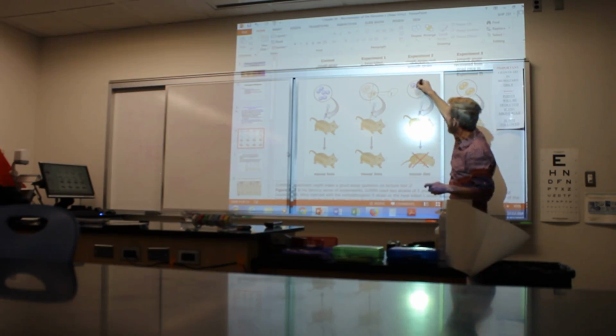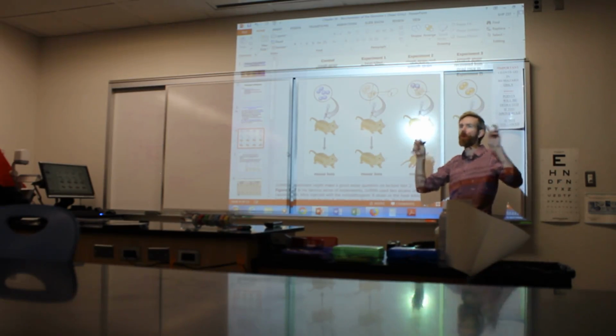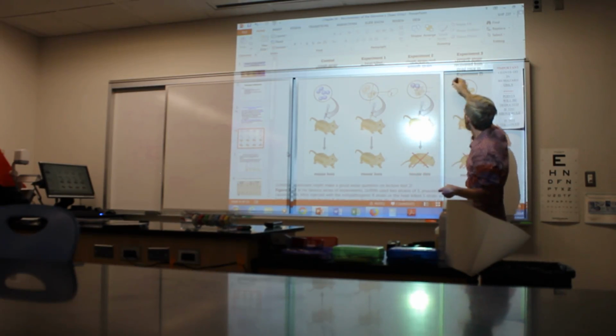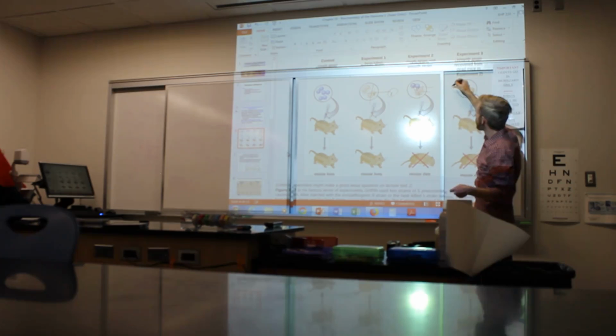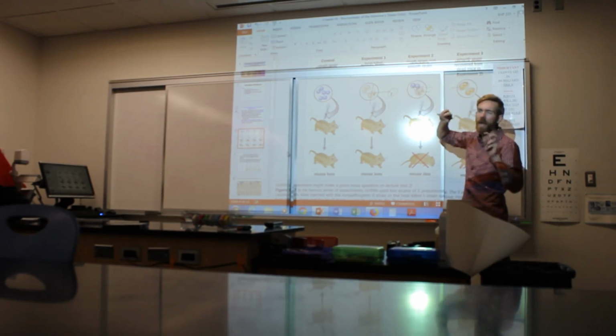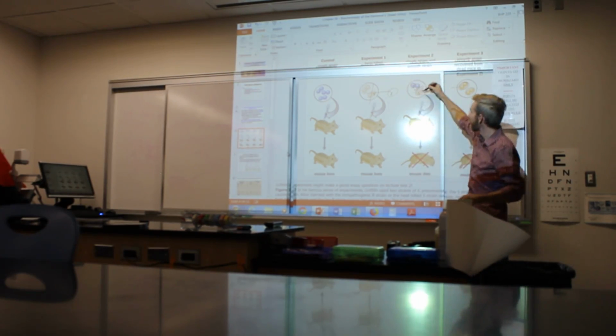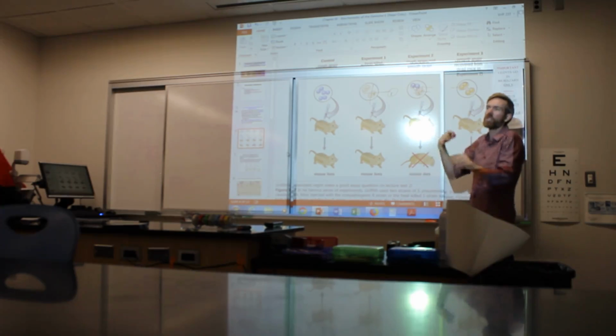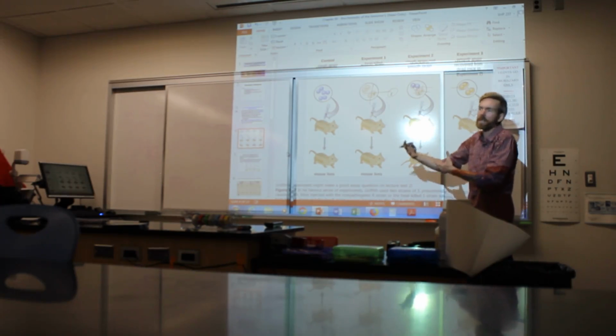The harmless strain had been transformed into the deadly strain through the acquisition of the harmful bacteria's naked DNA just floating around. Again, the harmful bacteria was dead, but the genes that made it harmful were still intact.